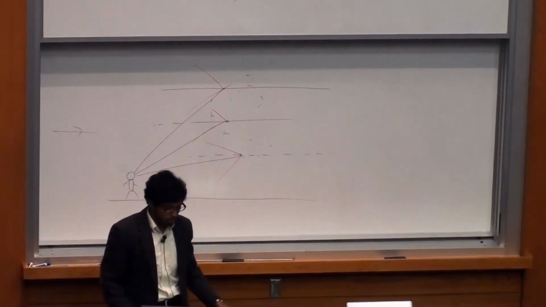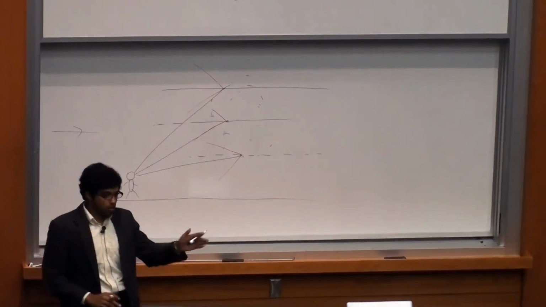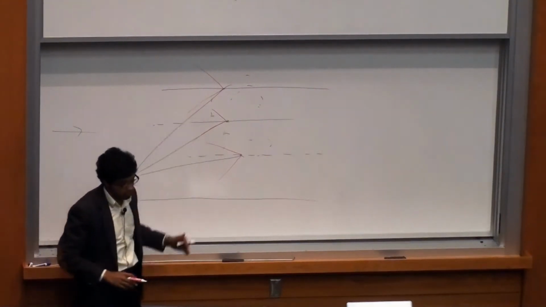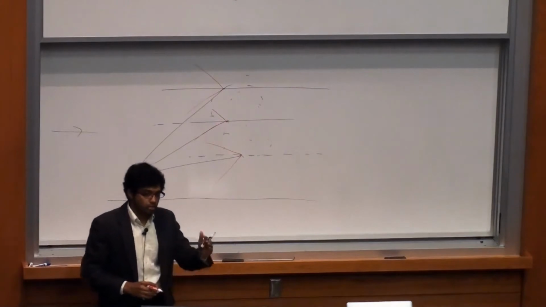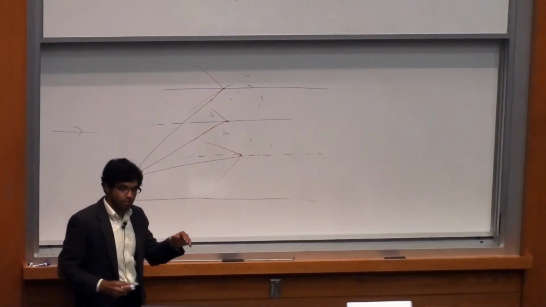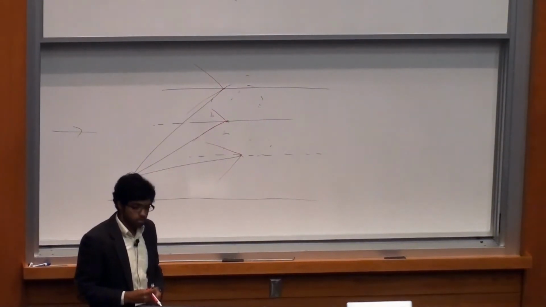Axial symmetry will also contribute to it. If you look at some other angle, slightly above, you can see the blue light and so on. At this point, hopefully you're getting the idea of how these rainbows form.